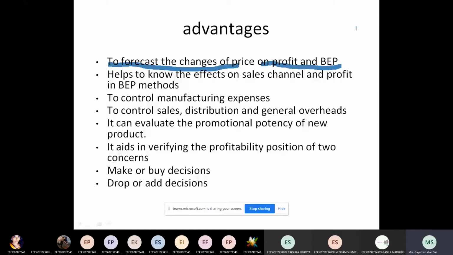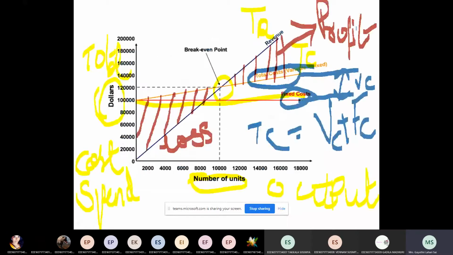Okay, these are the advantages if you know the break even point of a company where you're standing. If you know the output, the total cost spent, and how you are fixing the fixed cost, that all plays a major role, right?